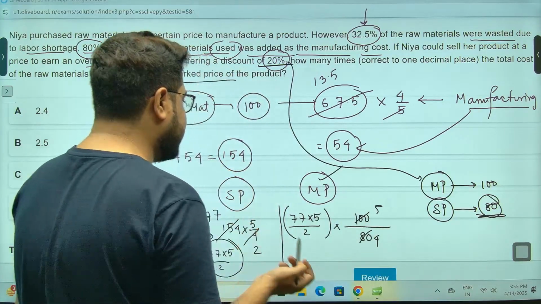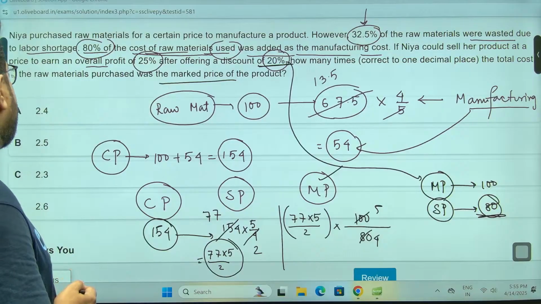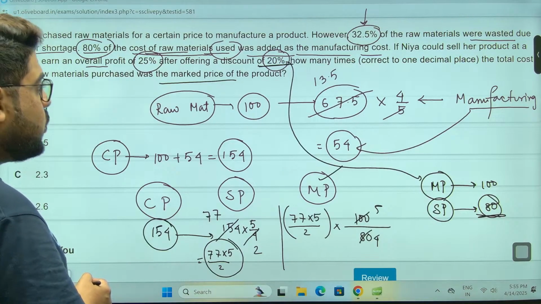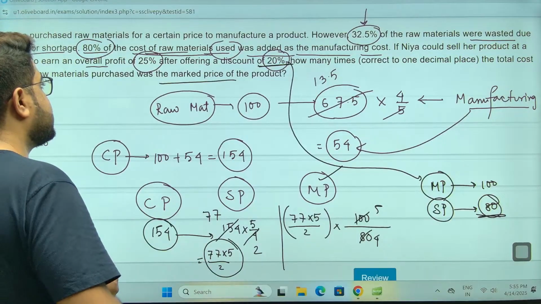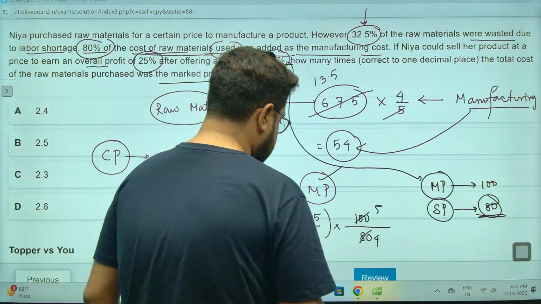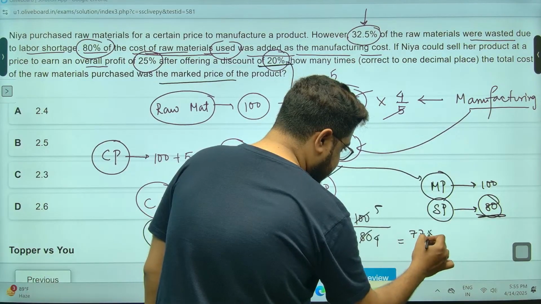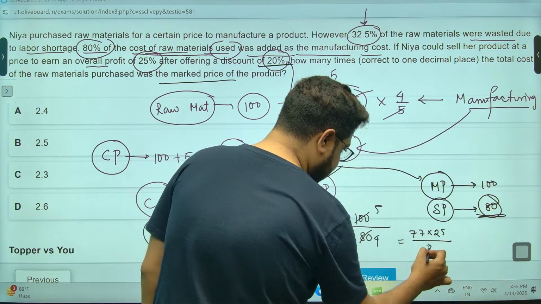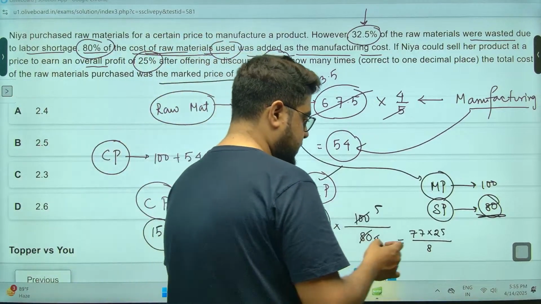5 and 4, 5 and 4 are the same. How many times the total cost of the raw materials? Mark price. Okay sir, we have to do it. 77 into 25 by 8, sir.